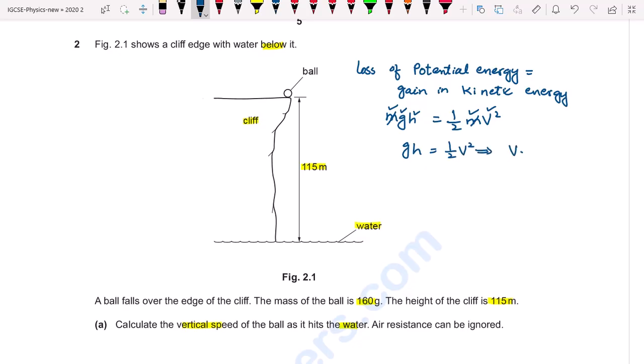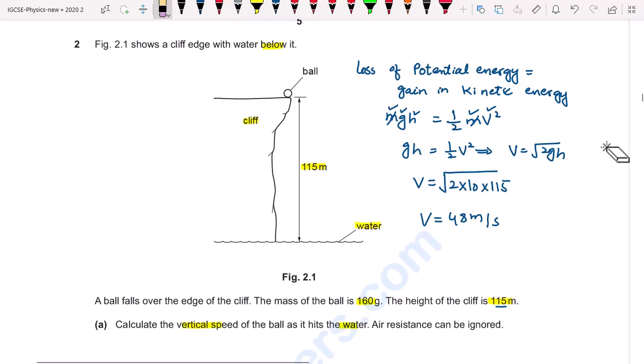Here v comes to be square root of 2gh. We put values here: v is equal to square root of 2 multiplied by 10 and the height is given as 115 meters. So v comes to be 48 meter per second. The vertical speed is 48 meter per second.